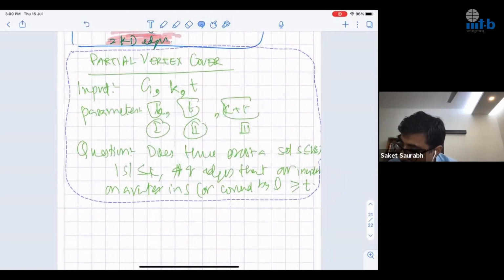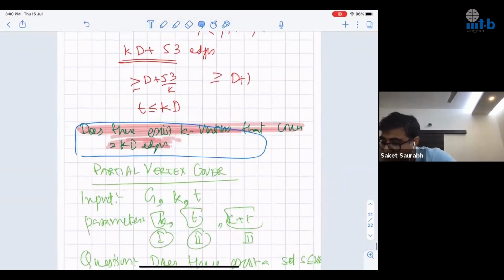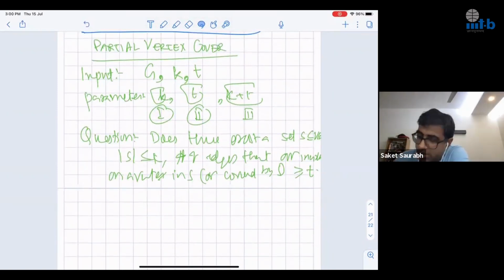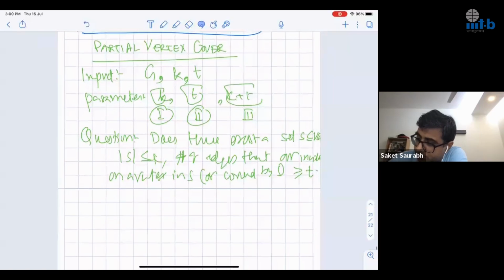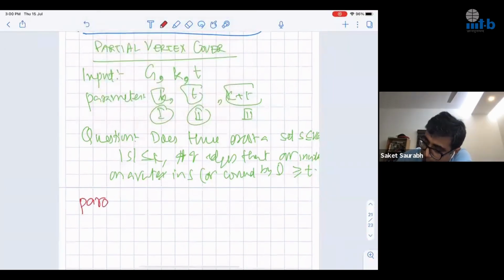Paste. Okay. So now I'm going to design an algorithm for partial vertex cover, say parameterized by T, right?